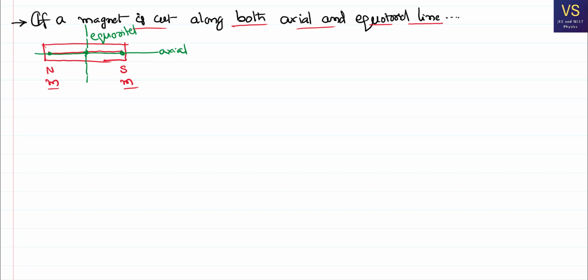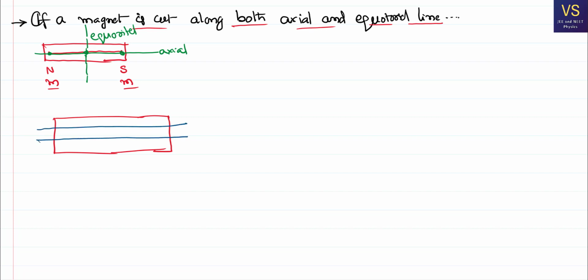So let's take a bar magnet. I'm drawing a little bigger bar magnet just for convenience of visibility. Now you cut it along the axial line, say like this. I have made it into 3 pieces, 1, 2, 3, by cutting it twice.